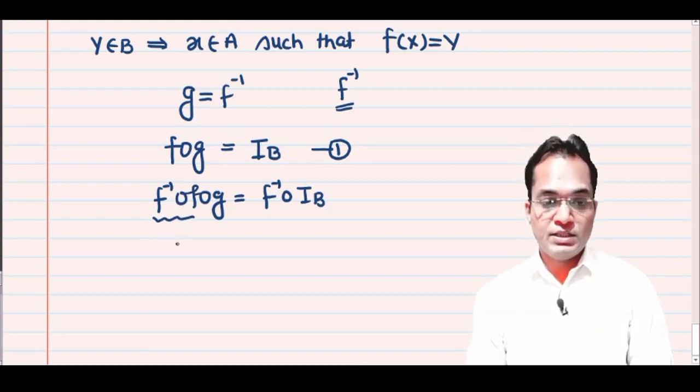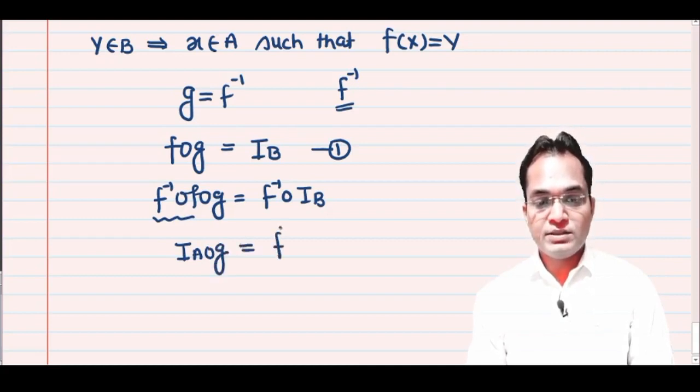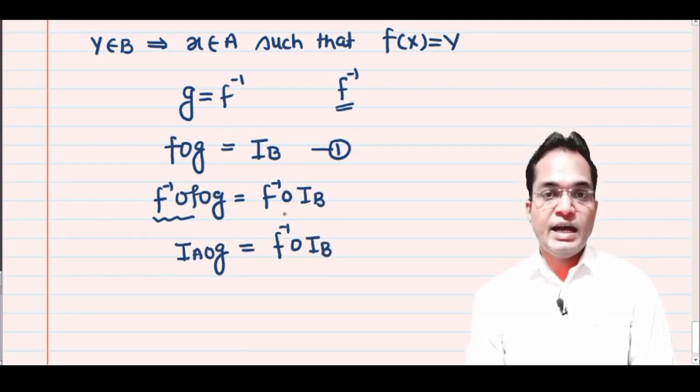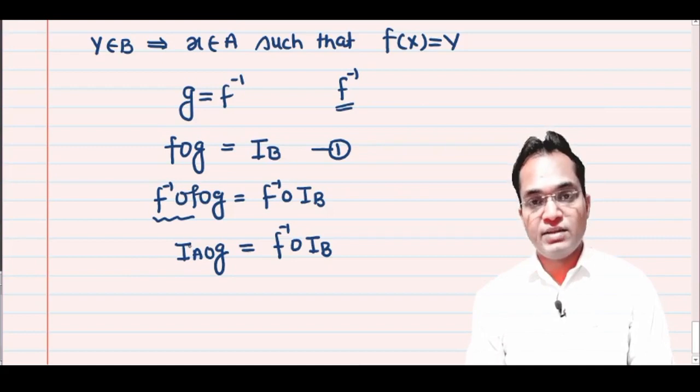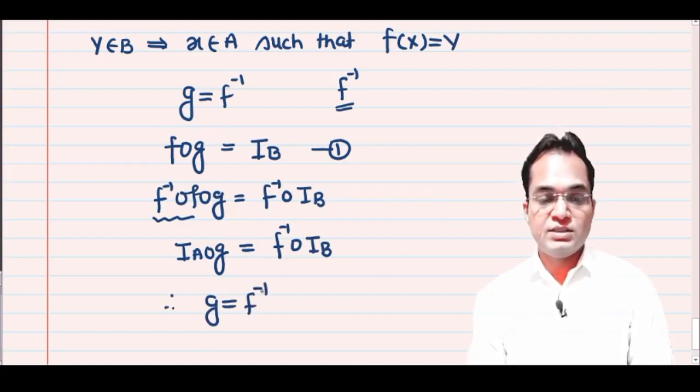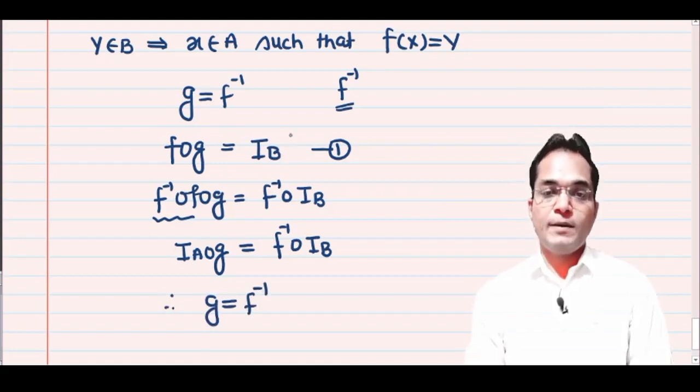As we know, this is the I_A of g equals f inverse of I_B. और किसी भी फंक्शन का आइडेंटिटी फंक्शन के साथ कंपोजिशन फंक्शन लेते हैं, then as we know here, that will give the function itself. That's why we can say that here g equals f inverse. Means this second statement is proved here.